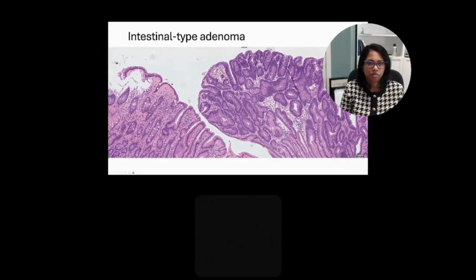This is your example of an intestinal type adenoma. If I took a smaller square of just the adenomatous component, you may think it's a colonic adenoma. They are morphologically identical. I took this image particularly to highlight that the background mucosa shows the presence of intestinal metaplasia.